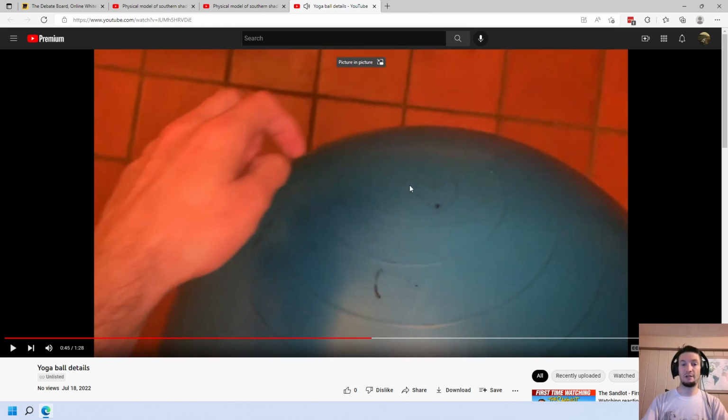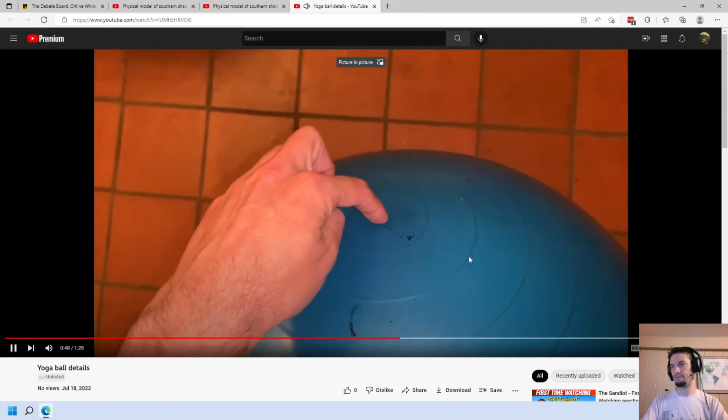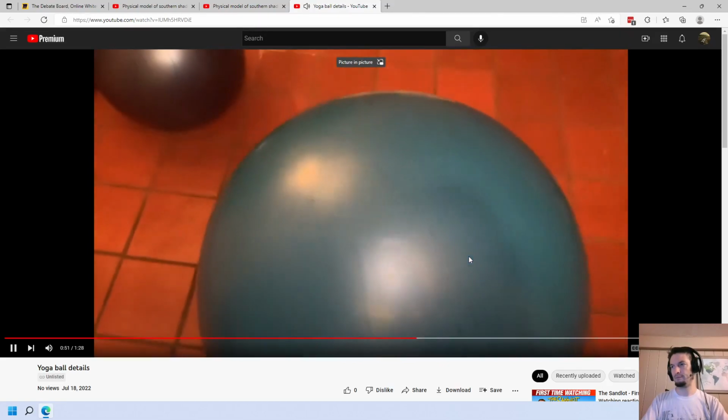So there is not an actual 12th ring, but there would be a single point at the very north pole of the yoga ball. And that would indicate, as I'm about to say, the 90 north latitude mark. To indicate 90 degrees north latitude, that would be the North Pole.